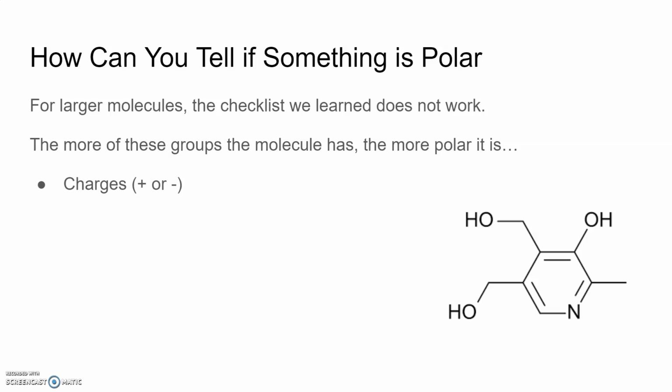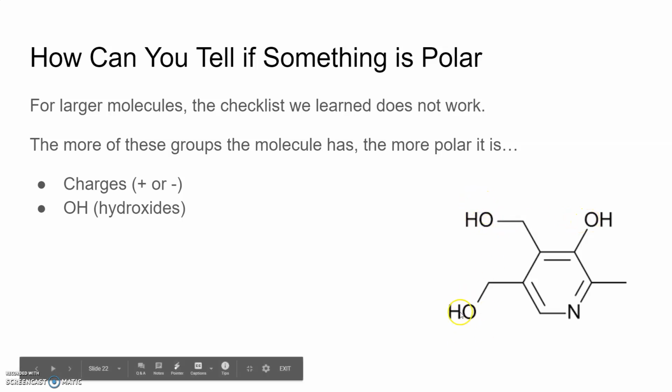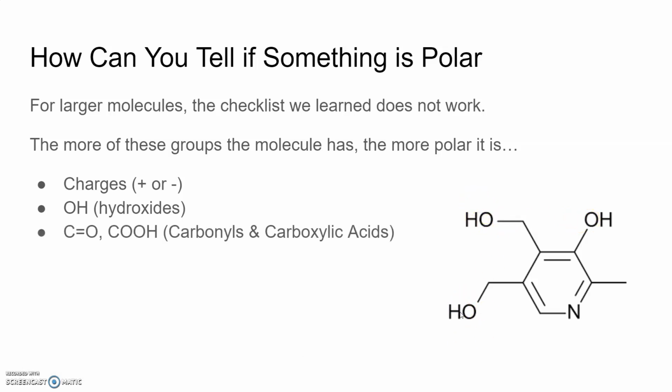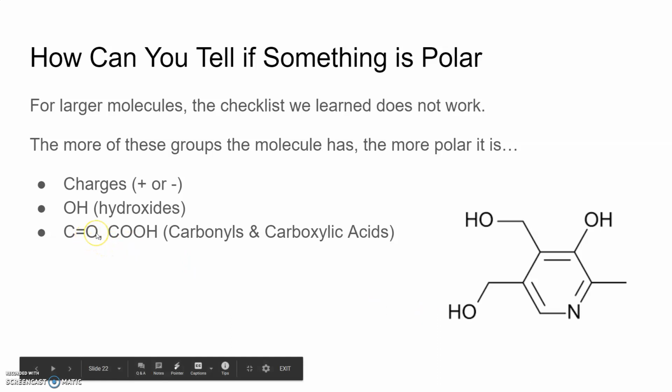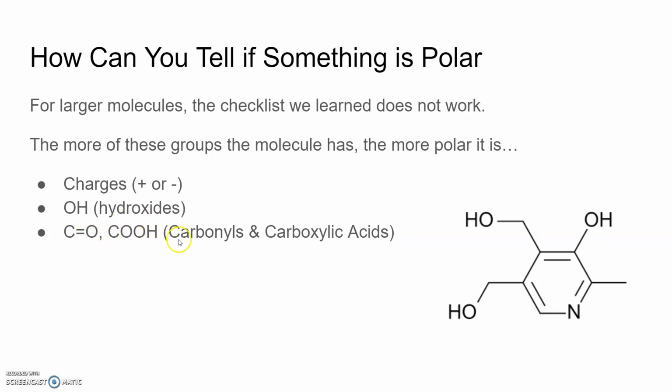One thing to look for are charges, if you see groups that have plus or minus signs. Another group or thing to look out for are where you see OHs. These are called hydroxides. Okay, so here, for example, you see some OHs. These are things to look out for. Where you see a carbon-oxygen double bond and or a COOH group. Remember, COOH groups are the carboxylic acids.